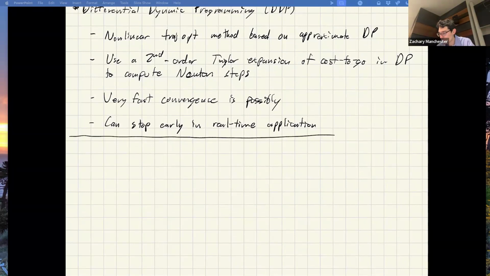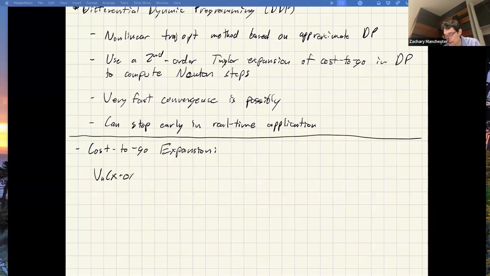So the first move here is, remember our dynamic programming thing, our LQR thing. The core thing in DDP is that we're going to take the general cost to go function and we're just going to expand it to second order. And again, you could approximate this any way you want, in principle. If you put a neural network in there to approximate this thing, it's Q-learning or actor critic.